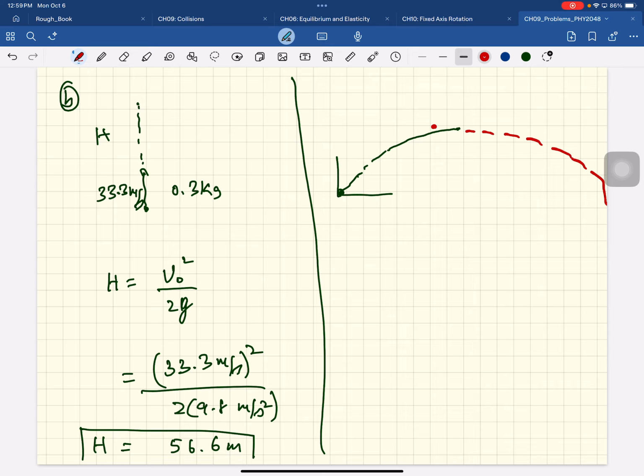Okay, so we want to find these distances. So let's call this D1 and this D2. So the total distance traveled is D1 plus D2.